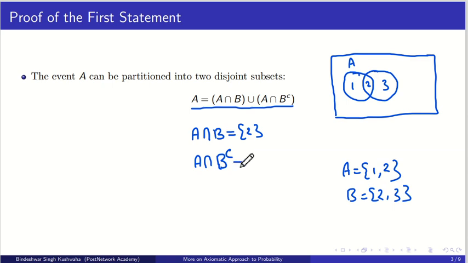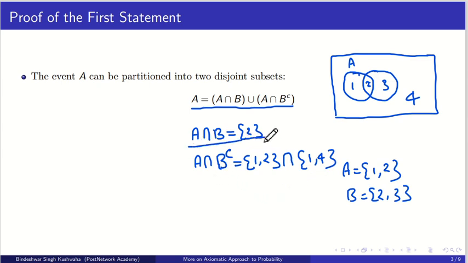So see from the diagram, A is 1, 2, and for B complement, one more element I want to take, 4, that is not in A or B. So A is 1 and 2, and B complement, except 2 and 3, would be 1 and 4.